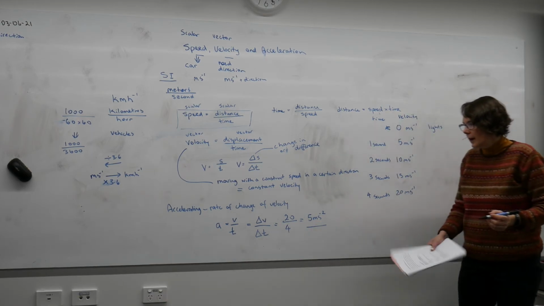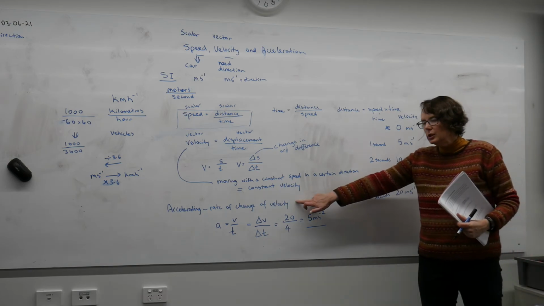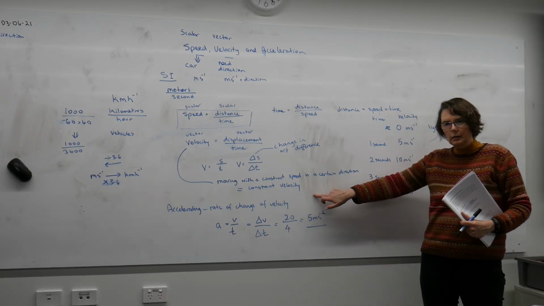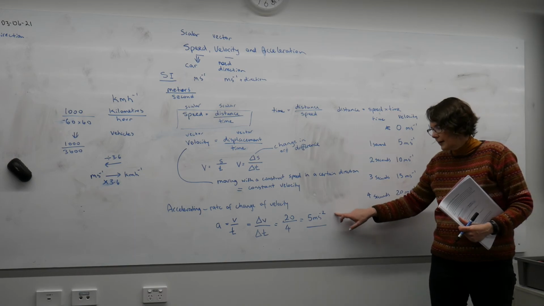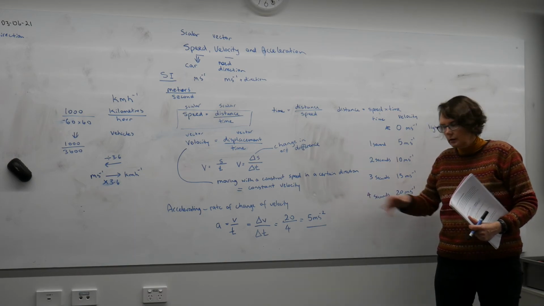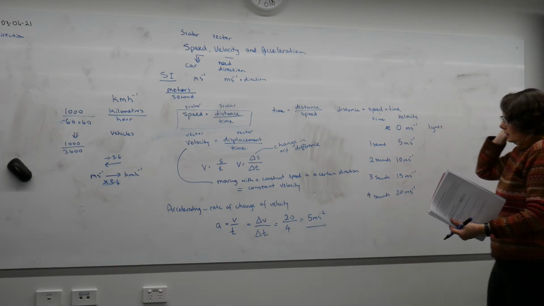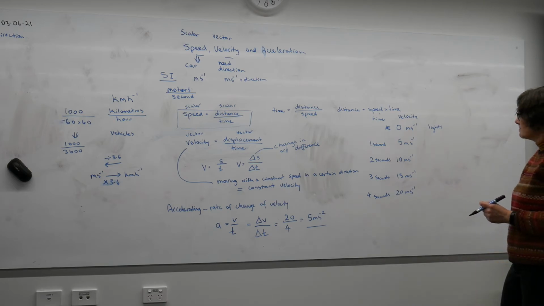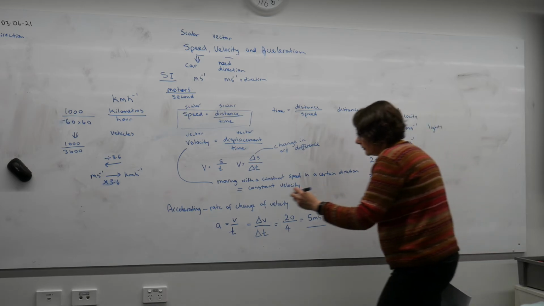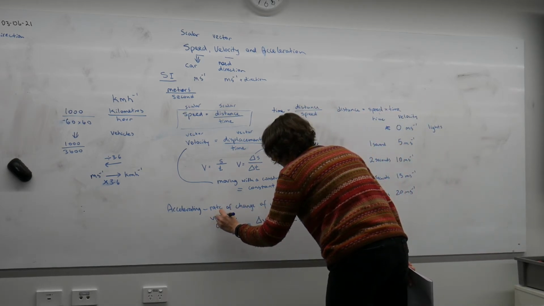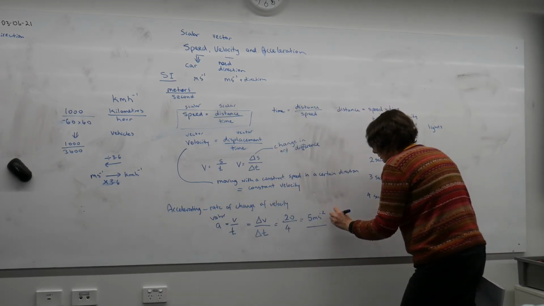Because it's the rate of change of velocity, it's meters per second, and we write that as meters per second squared. This is also a vector, and so we need direction.